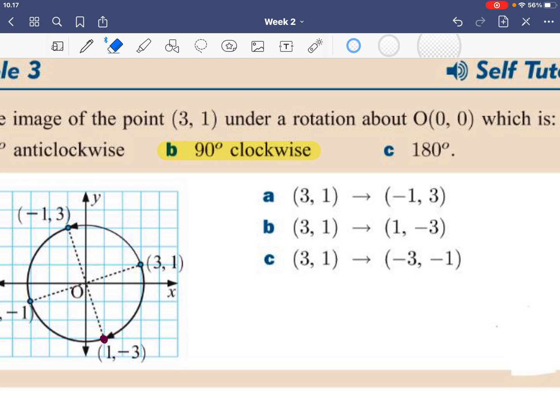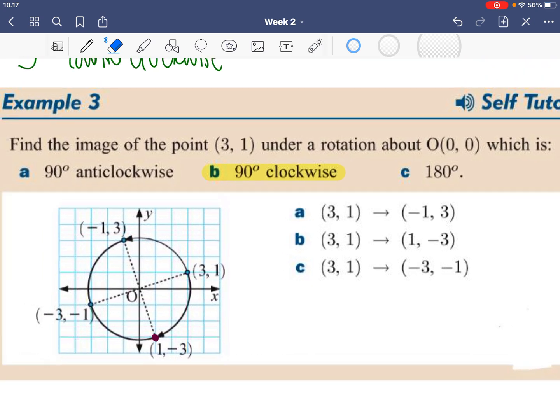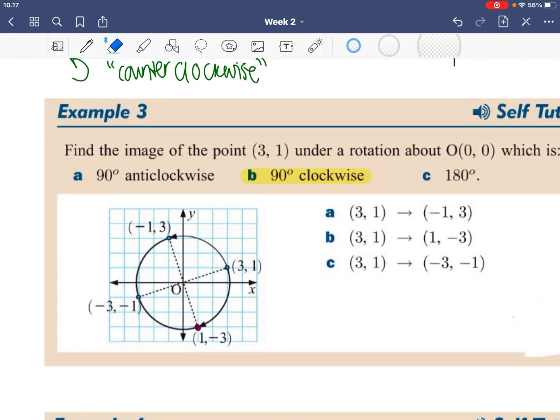Now they're saying do 180 degrees, but they're not saying clockwise or anti-clockwise. Why is that? I'll let you think. Why didn't they specify if it's clockwise or anti-clockwise? Because it doesn't matter. Look at this.